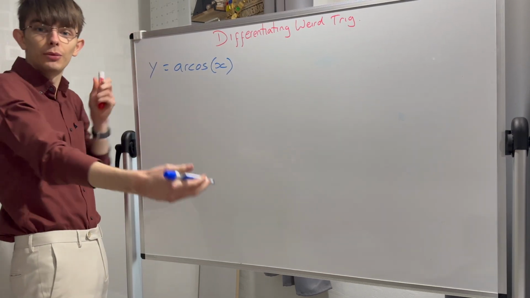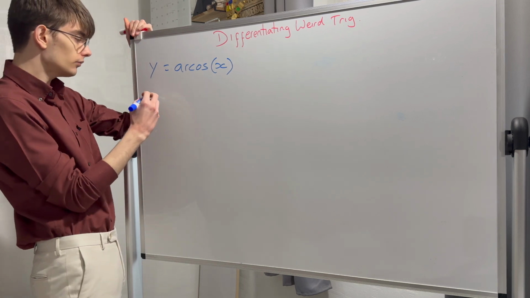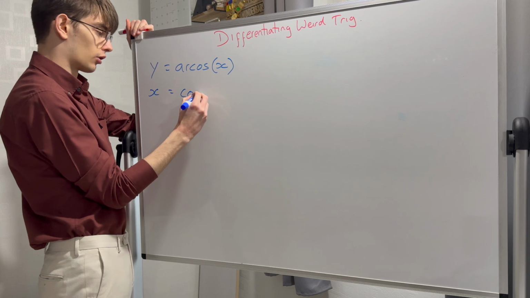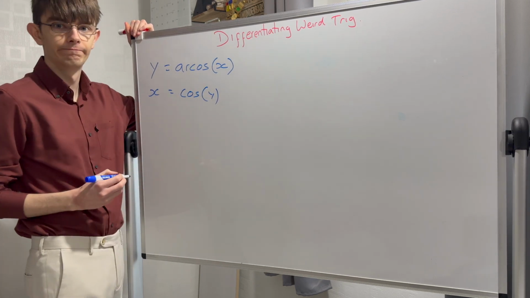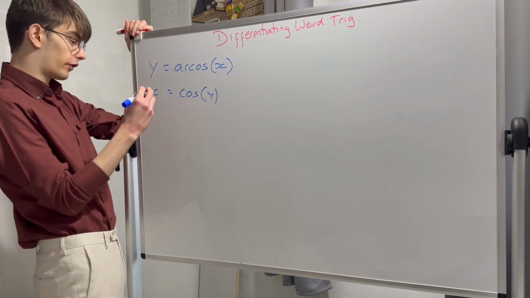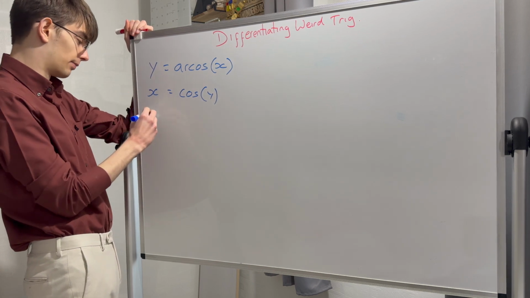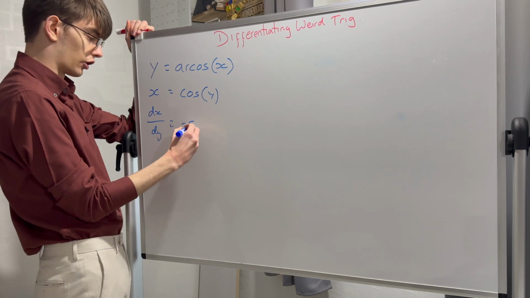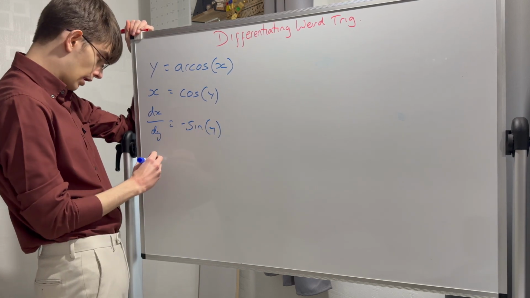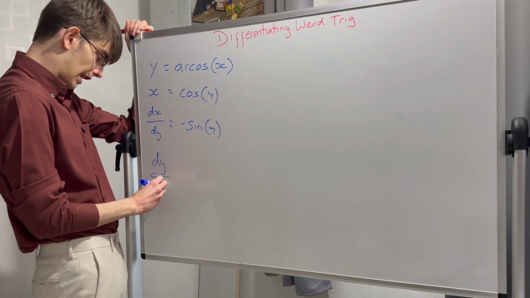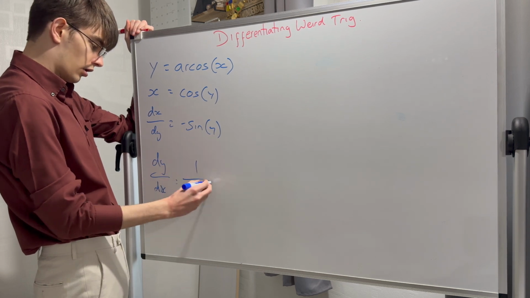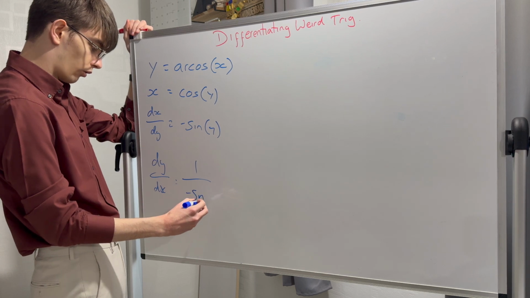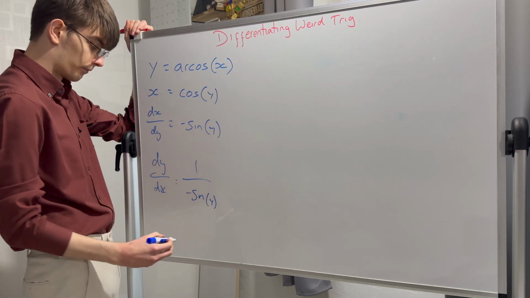Okay, same thing we've just done for arcsine, which is I'm going to write this as x equals cos of y. And then, doing exactly the same method as before, dx by dy is therefore, well, cos differentiates into negative sine, and hence, flipping it over, same as before, dy by dx is minus 1 over sine of y.